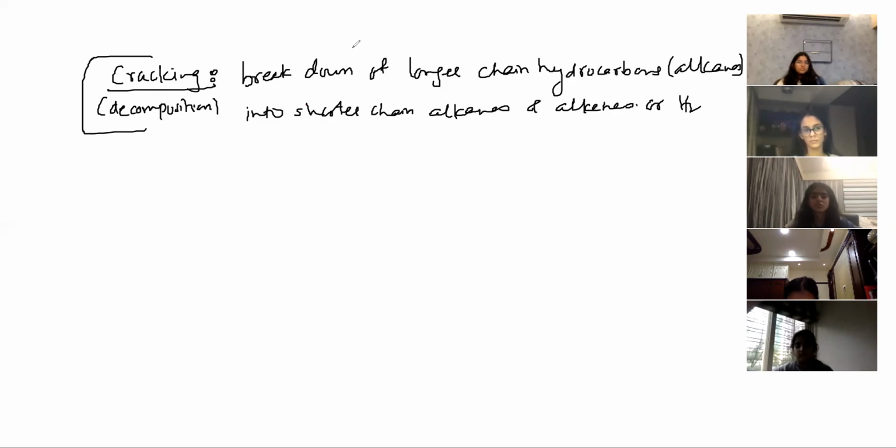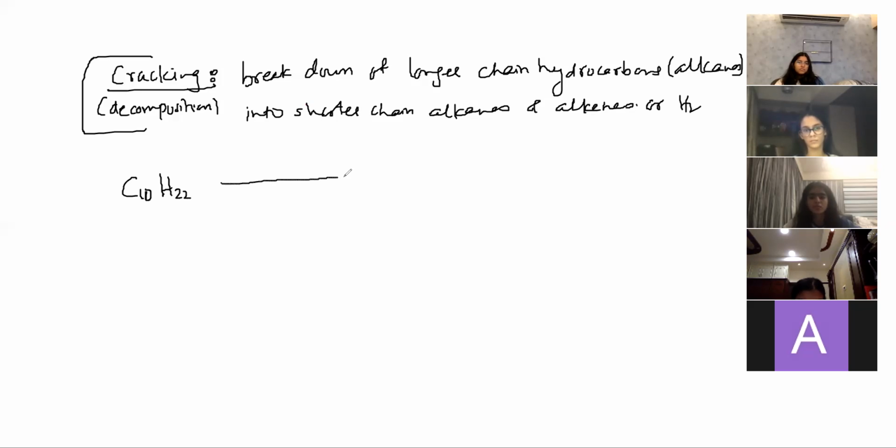The purpose of this we'll see after the example. So I'm taking an example of C10. If C10, then H how many? If it's an alkane, then H22. So it's a longer chain hydrocarbon having 10 carbon atoms in the chain. When I crack this, it will break.